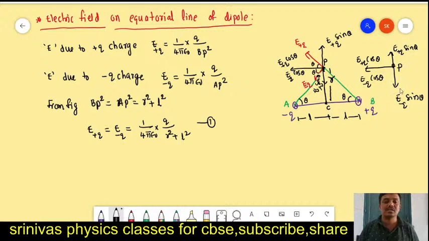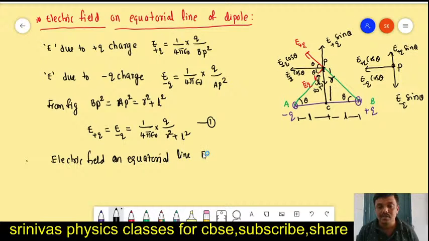When they cancel with each other, what is the remaining electric field? Net electric field on the equatorial line, you will get like this. What will you get as the net electric field?